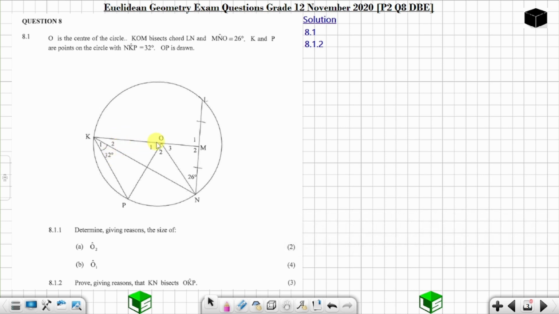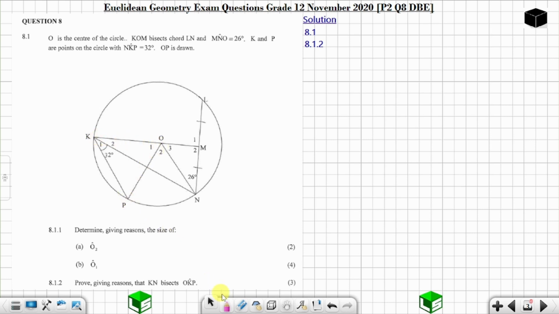Okay, so using the triangle OKP, you have to see that OK is equal to OP, because you have a line from the center to the circumference. So this is a radius and this is another radius. So you have OK is equal to OP.